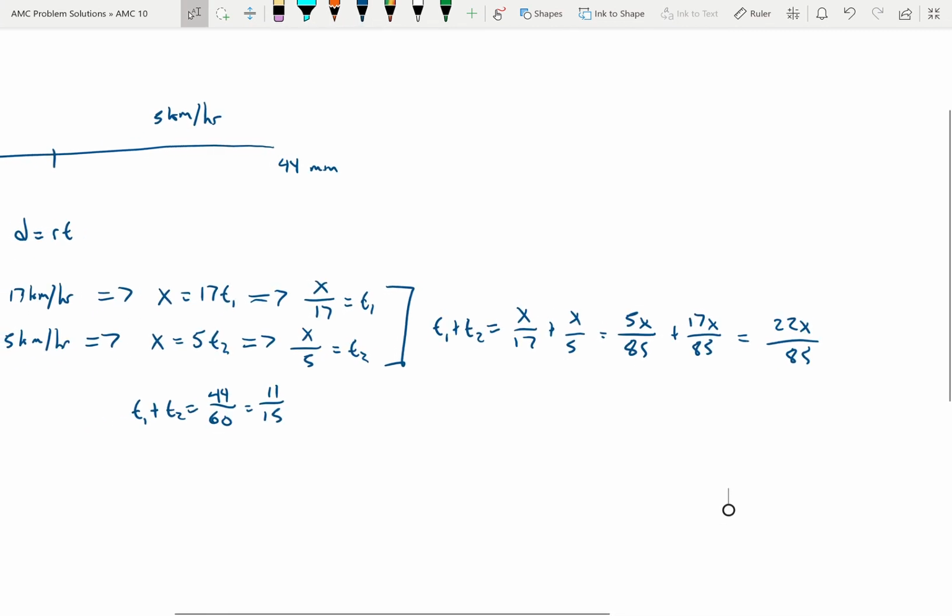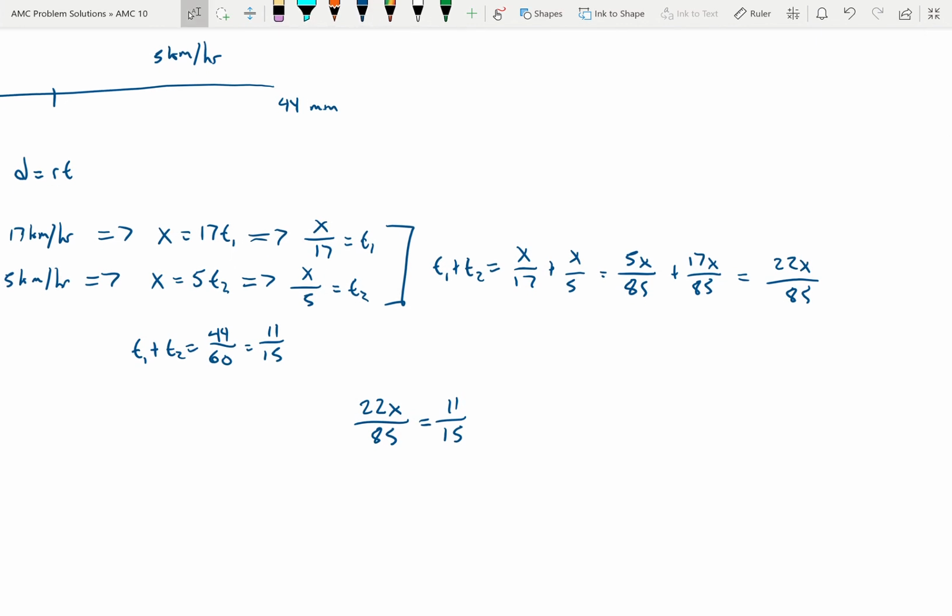So I have two values for t1 plus t2, so I'm going to set them equal to each other. 22x over 85 equals 11 over 15. If I divide both sides by 11, I now have 2x over 85 is equal to 1 over 15.